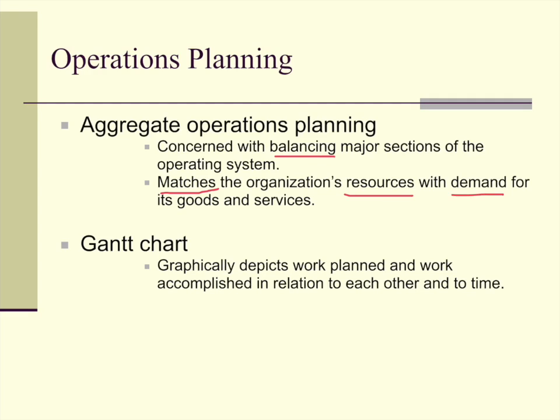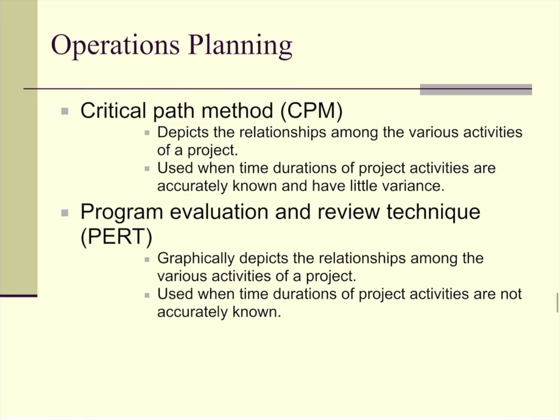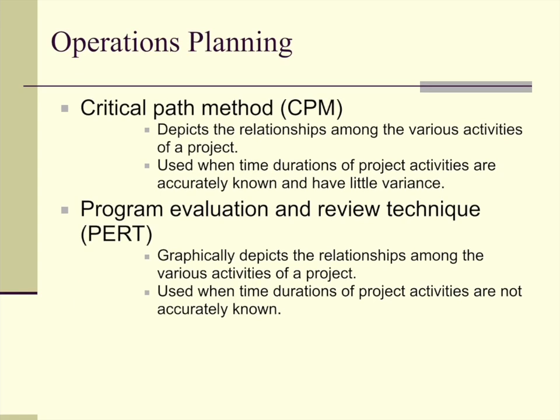And the Gantt chart, how do we know about this? We have talked before about the Gantt chart. And then the critical path method. In this operation planning, the critical path method depicts the relation among the various activities of the project.